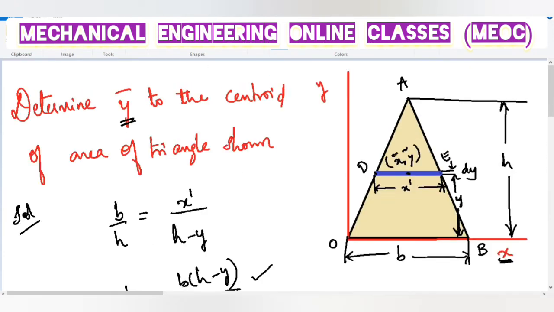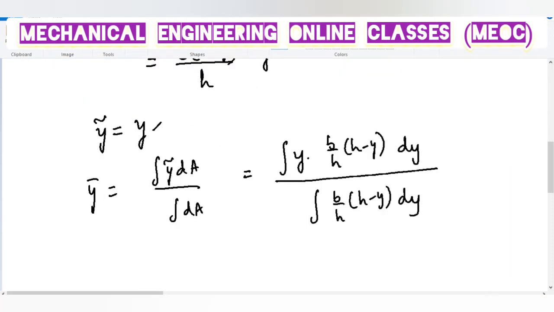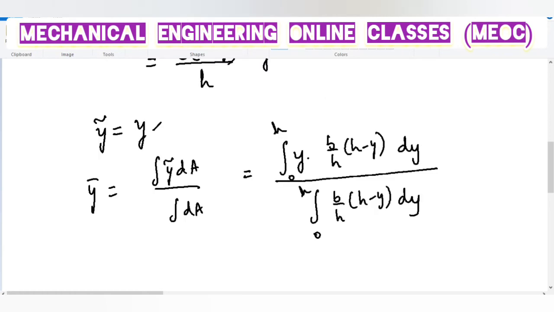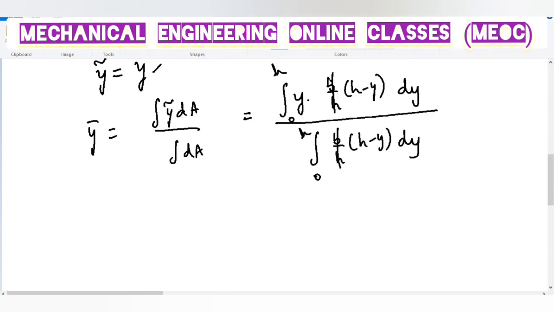The value of y varies from 0 to h. At O it is 0, at A y becomes h. So the integration is from 0 to h. Because b and h are constant, I can bring them outside the integral and cancel them out from the numerator and denominator.